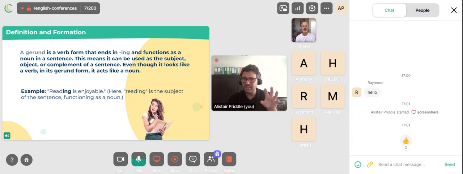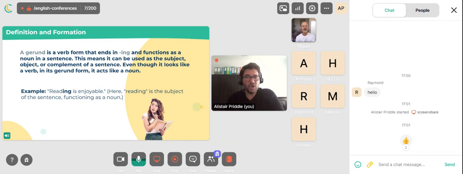Even though it looks like a verb, in its gerund form, it acts like a noun. Okay, we have an example at the bottom. Reading is enjoyable. Here, reading is the subject of the sentence, functioning as a noun.